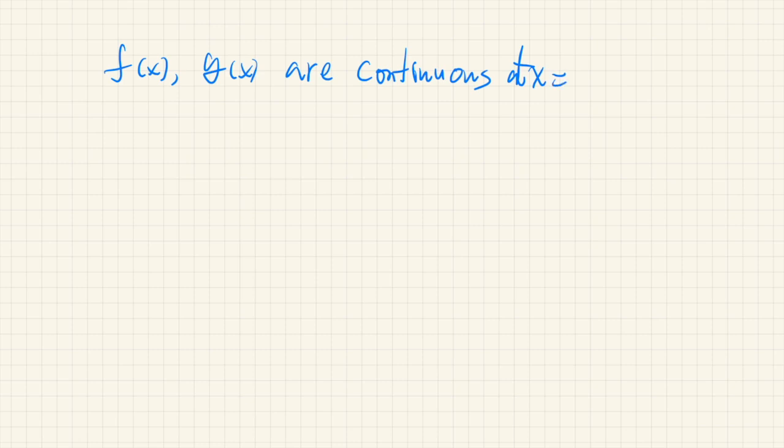Now let's see some properties of continuous functions. Suppose f of x and g of x are continuous at x equal to a. Then their linear combinations are all also continuous. Okay, so k times f of x plus l times g of x is also continuous.